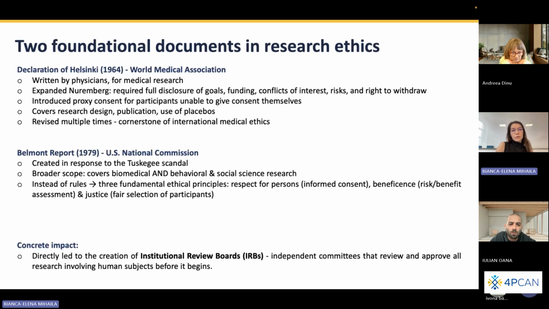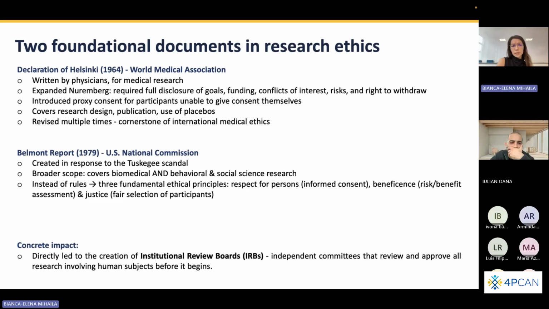In terms of the most important documents, and probably if you collected different types of data, you stated something related to the Declaration of Helsinki, which is one of the most important ones in the medical field.